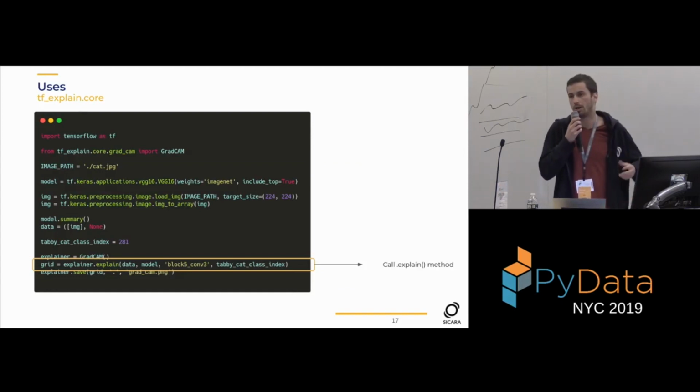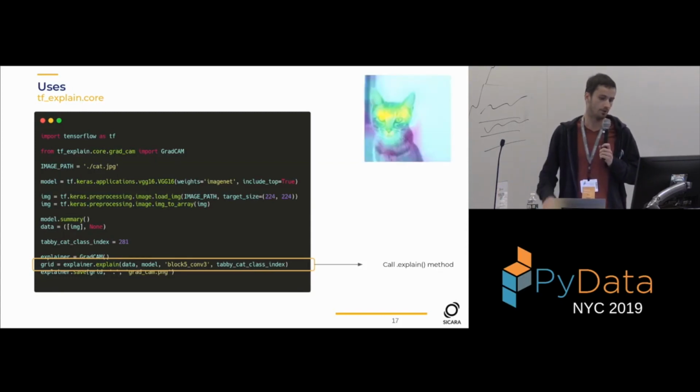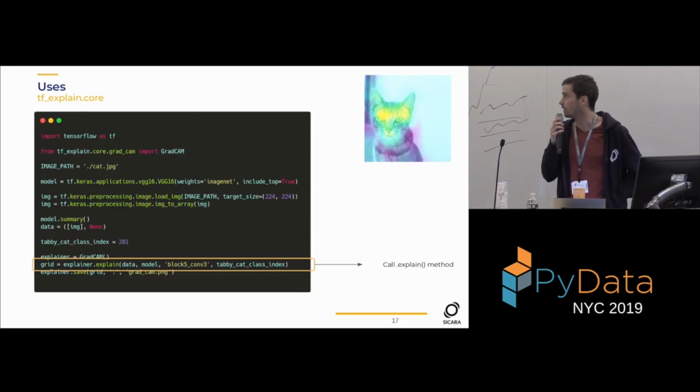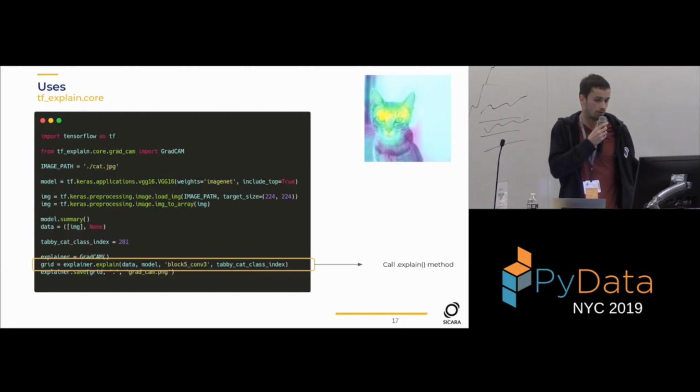Eventually, depending on the method, there are some additional parameters you can tune, and then it directly saves the output of the algorithm in PNG format, so you can observe the saliency maps directly on your computer.